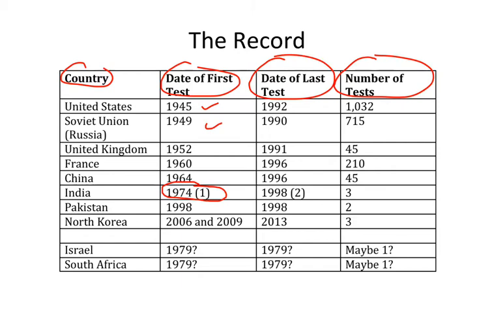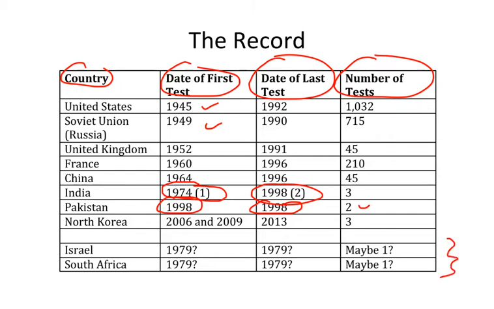And then India tested again in 1998, twice. Those tests, of course, spurred the Pakistani tests, 2 of them in 1998. Then we have North Korea, with its 3 tests to date: 2006, 2009, and 2013. Now, these 2 cases are interesting.